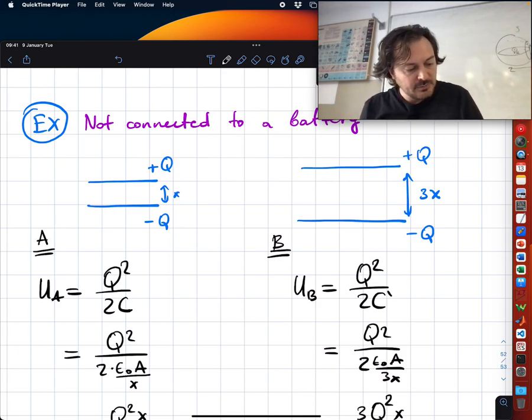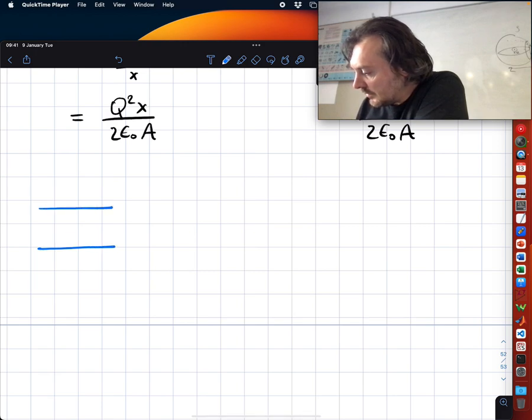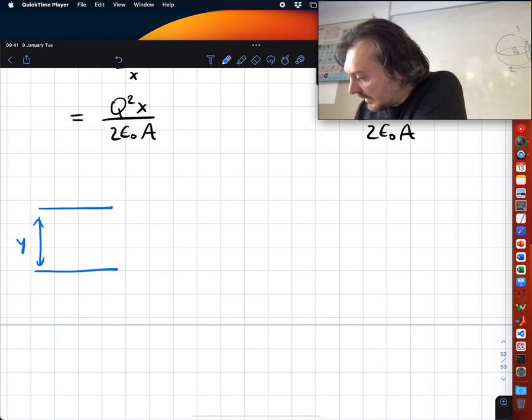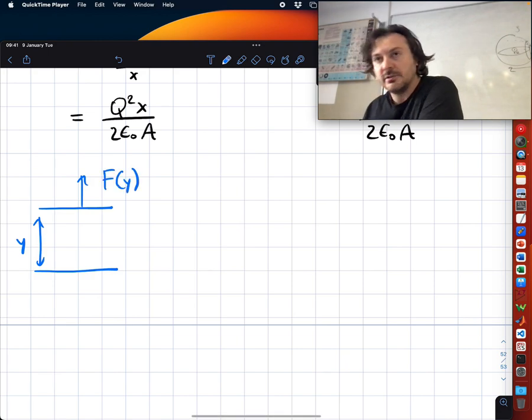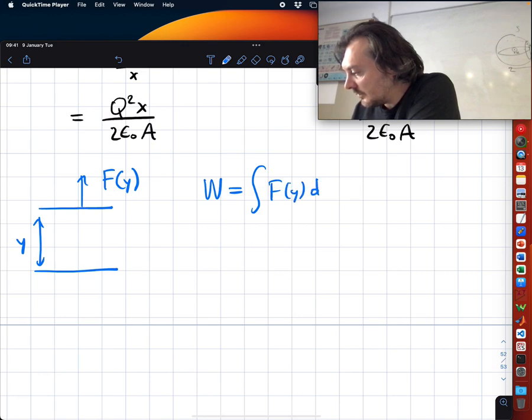Now let's find the same thing by finding the work done. Let's this time approach this problem in the following fashion. Let's say there is a distance y. When the distance is y, I will find the force required to separate it, and then I will find W, the integral of F(y) dy, going from x to 3x, and I will hope that it will be equal to UB minus UA.